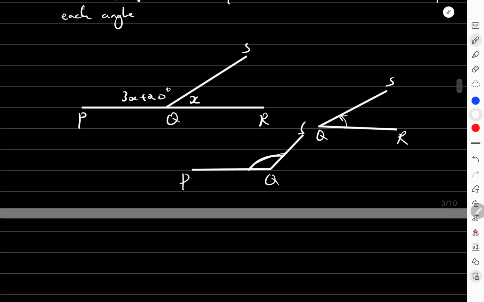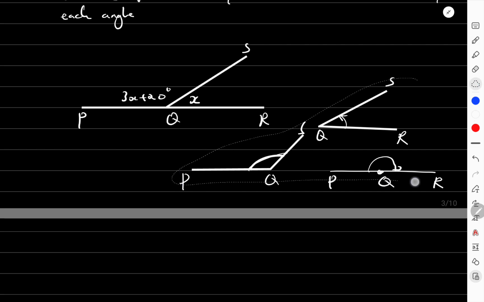But when I look at a line like this one, PQR, this particular line PQR is going straight. It means it is a straight line. It means all of the angles that are found within the vertex of PQR, combined, should give us 180 degrees.